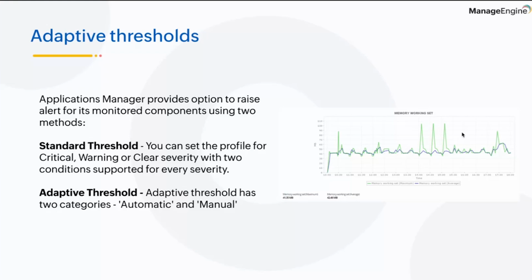Now, instead of configuring a standard threshold, you can also choose an adaptive one, which will create a current pattern, understand the deviation pattern, and trigger alerts automatically. So this will help and save you a lot of manual effort.